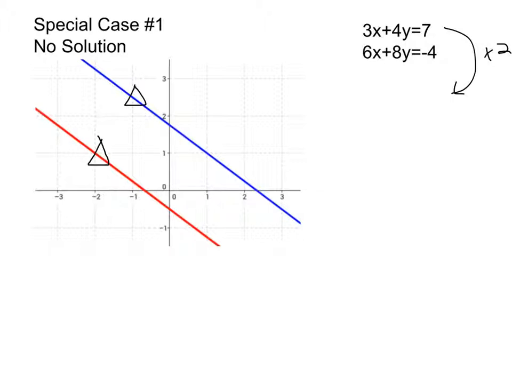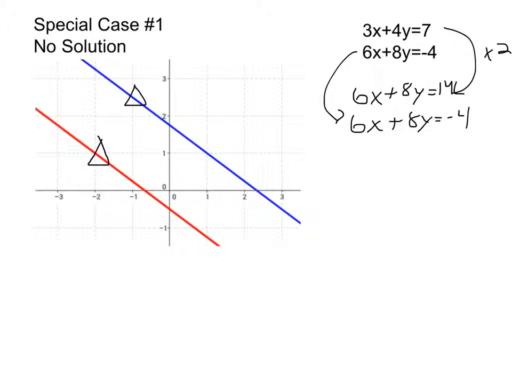And when I multiply the first equation by 2, that becomes 6x plus 8y equals 14. And just to bring the other equation down below it, that's going to be 6x plus 8y equals negative 4.